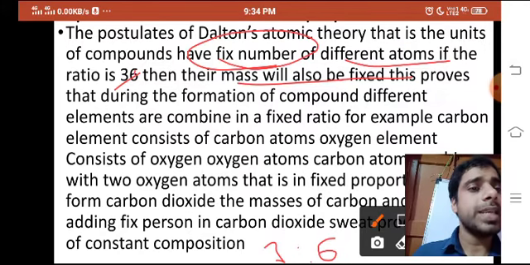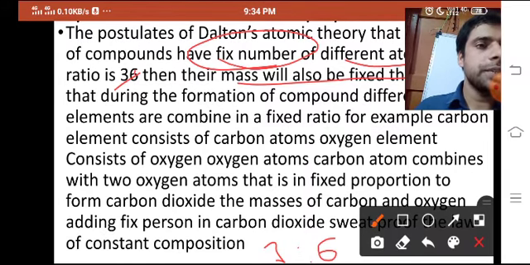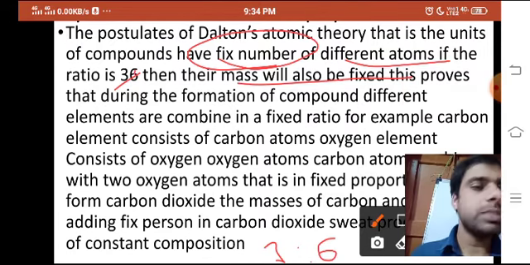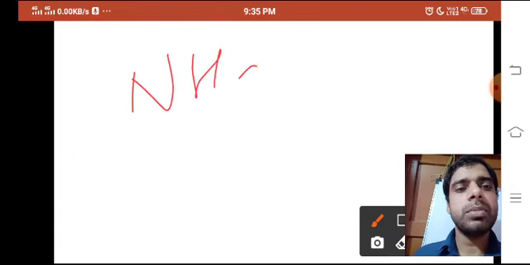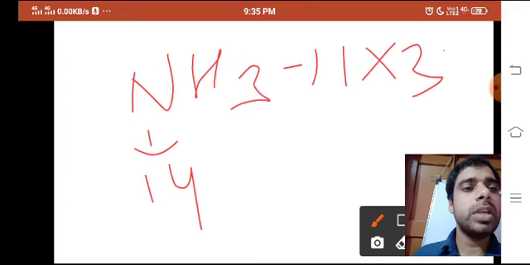Suppose I am talking about carbon dioxide. Carbon dioxide is one carbon, two oxygen, and if you calculate its mass, you have to find it in the ratio. Every time you will see that carbon dioxide has the same ratio. Let's see NH3. Nitrogen has atomic mass 14, hydrogen has atomic mass 1, but how many hydrogens are there? 3.